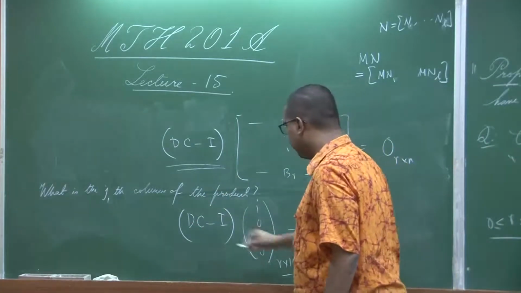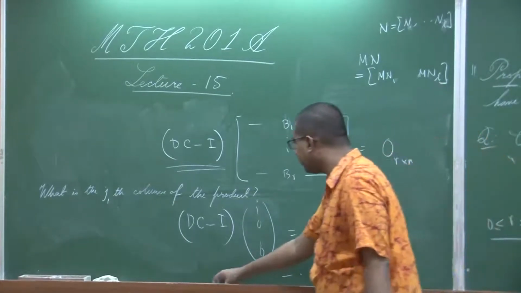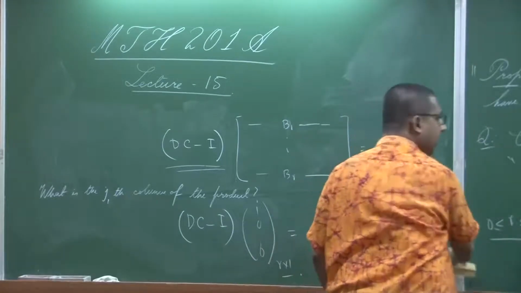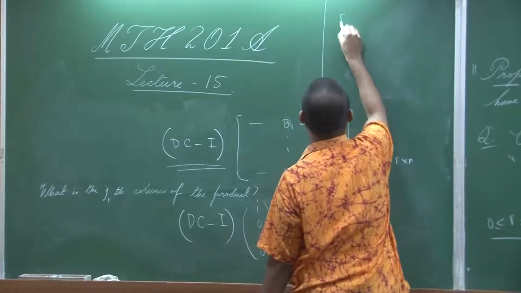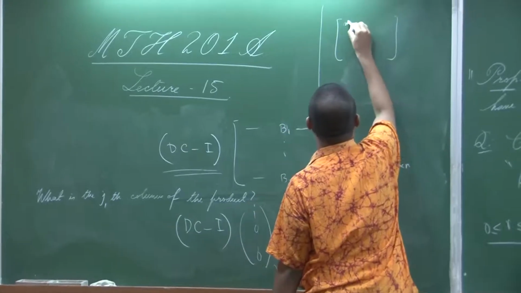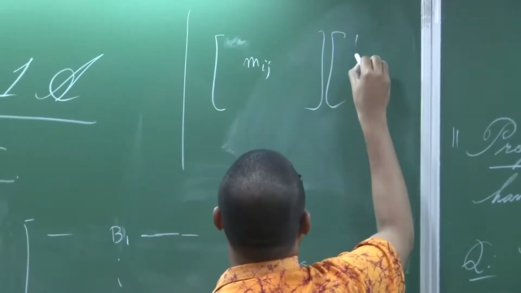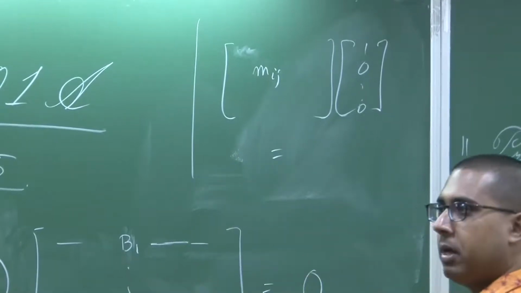But what is this? Again you should remember that, given a matrix, and these are all fundamental observations while working with matrices, suppose you have a matrix M with entries mij, and we multiply that with the vector 1, 0, 0, 0. What will be the result?